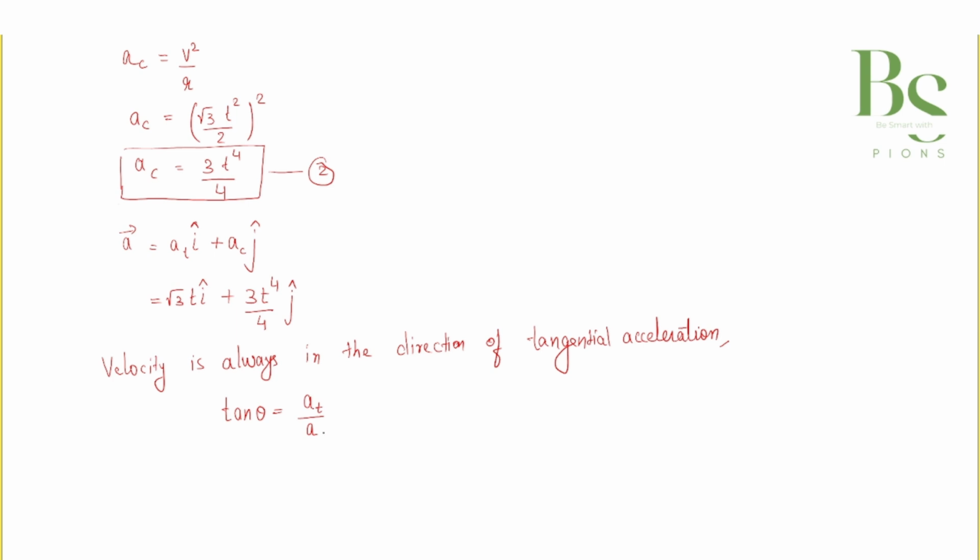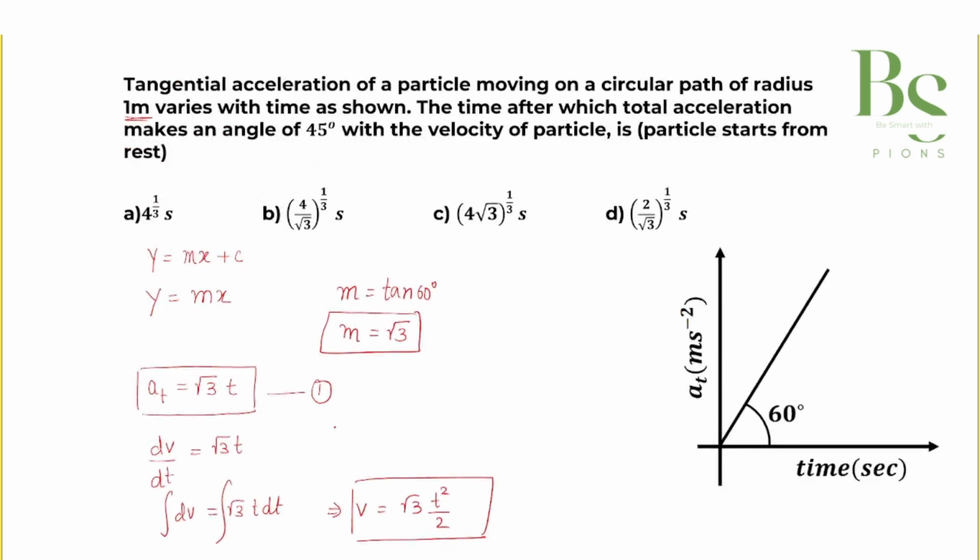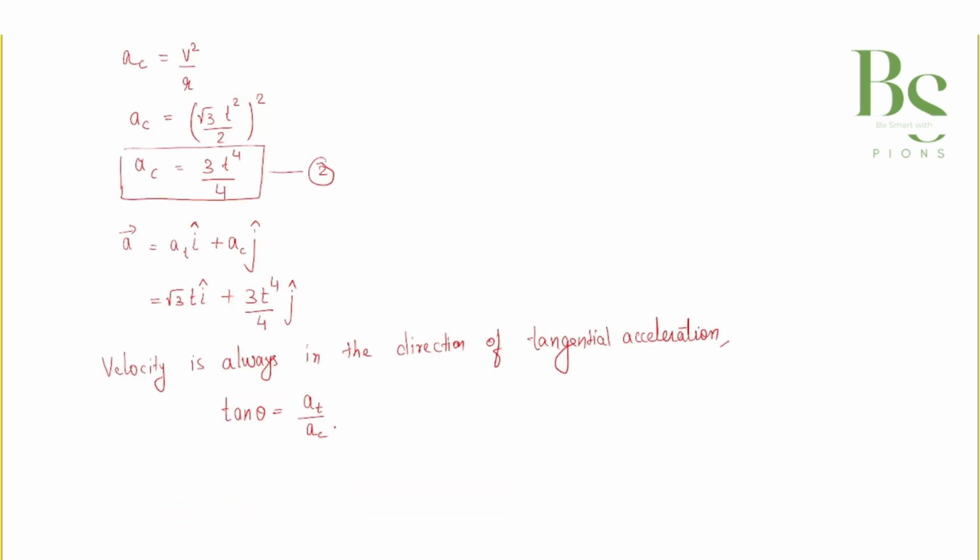radial or centripetal acceleration. Correct. And what is theta given as per the question? The theta is given as 45 degrees, right? So this will be our tan 45, which is 1. Let's write here tan 45 degrees. And what is AT? AT is root 3t upon the centripetal acceleration, 3t to the power 4, and the 4 goes on the top.